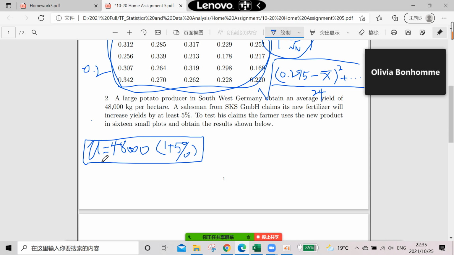So if my alternative hypothesis is mu not equal to 50,400, then by rejecting the null hypothesis, my claim would be that mu is either less than 50,400 or larger than 50,400.